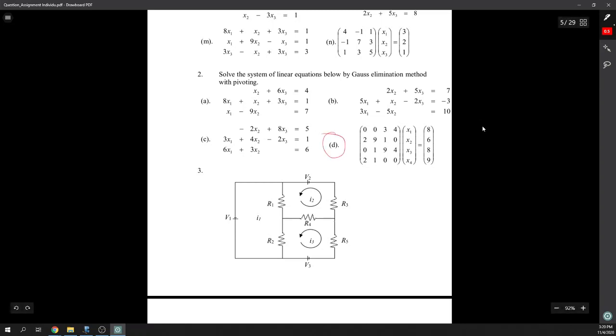Okay, D. Lagi satu yang mana? Pilih. A, B, C. A. Okay, A tak payah. Bagi yang B, yang senang. Tapi doktor suruh pilih.